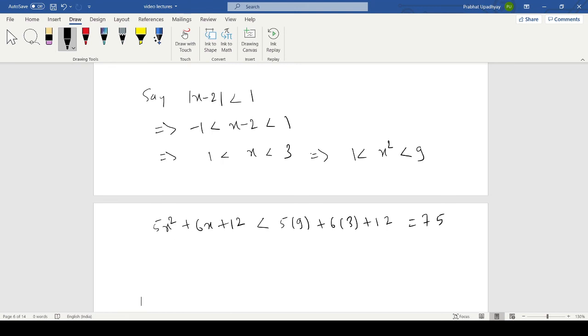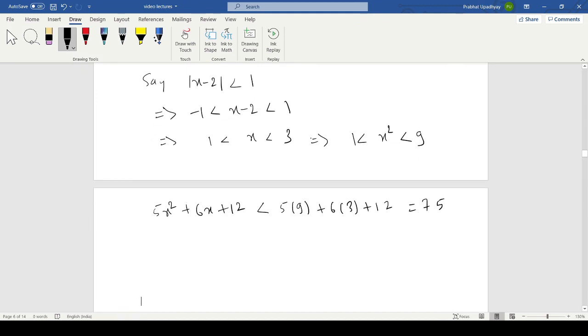So 5x square plus 6x plus 12 is less than 75, and this will be greater than 5 into 1, because x square is greater than 1, plus 6 into 1, because x is greater than 1, plus 12.